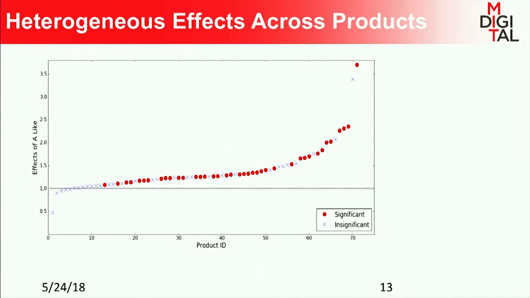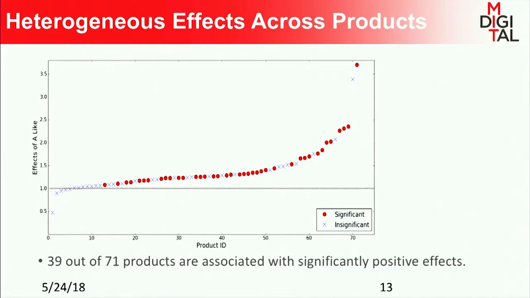We plot the social ad effectiveness, measured by the effects of a like showing in ads, for 71 products. 39 out of these 71 products are associated with significantly positive effects of social ads, and none of them is negatively affected by the social ads.